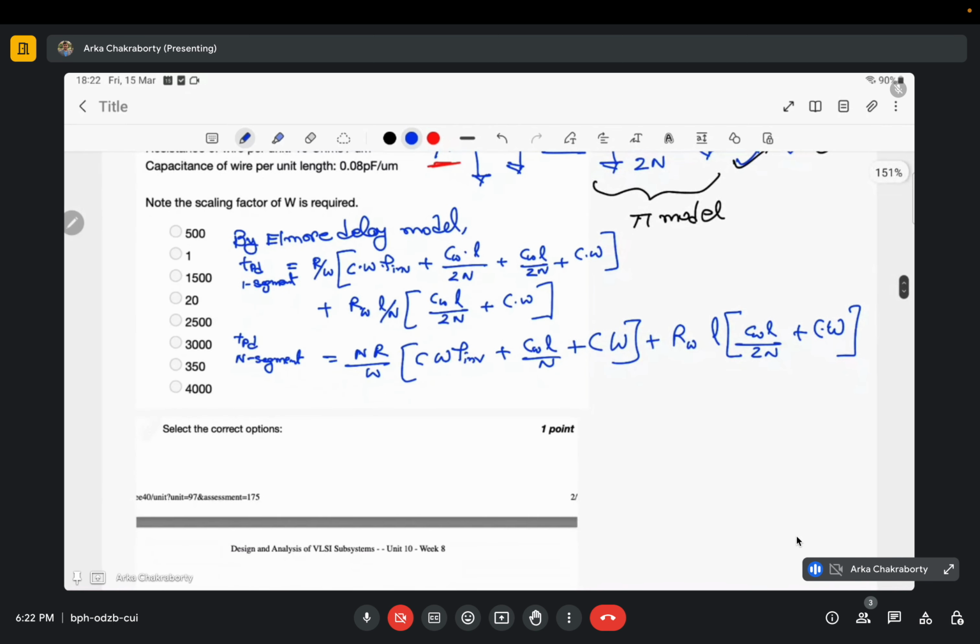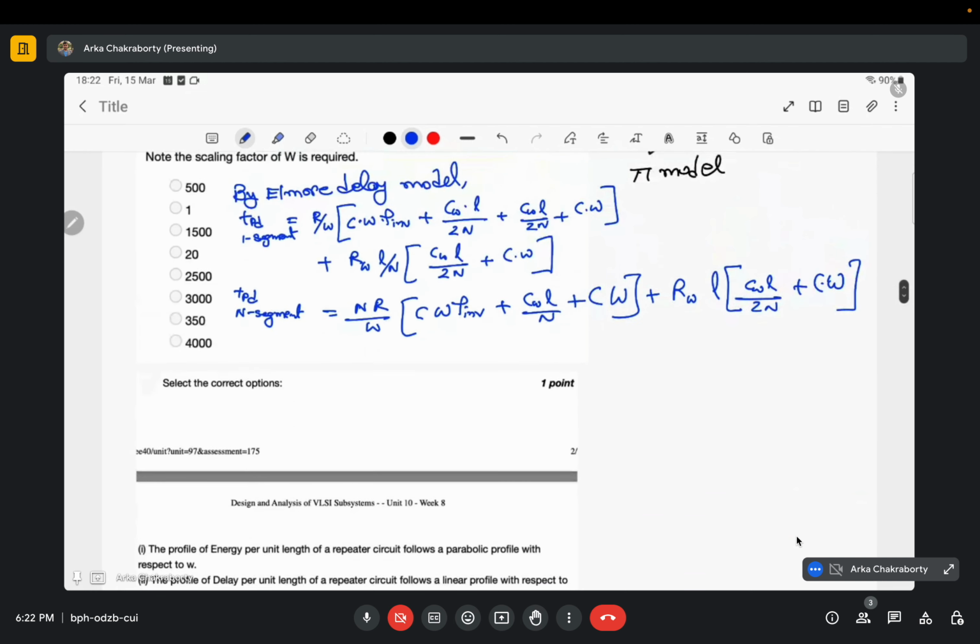Now how do we find the optimum condition? For optimum W, I will take the partial derivative of the propagation delay for n segments with respect to W. If I wanted the optimum n, I would have taken the partial derivative with respect to n. So here W cancels, so it would be 0.